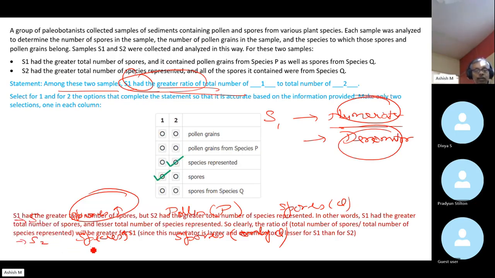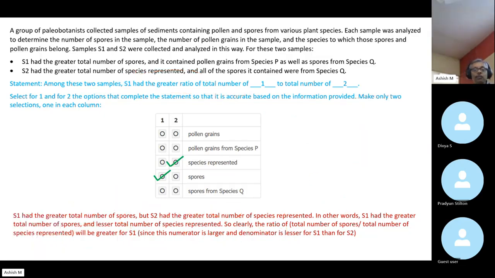We are given that the number of species represented is more for S2, which means for S1, species will be less. So spores divided by number of species represented is a ratio that will definitely be greater for S1 than it is for S2.